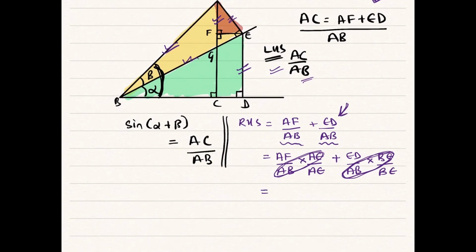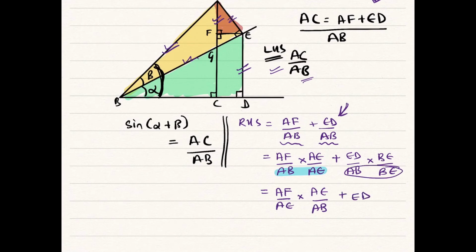So I'm going to change the positions: AF by AE, first changing the positions of the denominator, and by changing the numerator's position also I get AF by AE into AE by AB, and I do the same thing, I interchange these two positions, I get ED by BE into BE by AB.